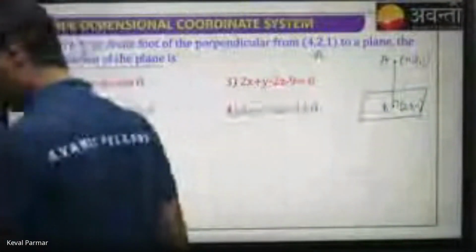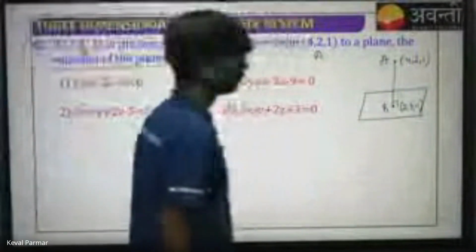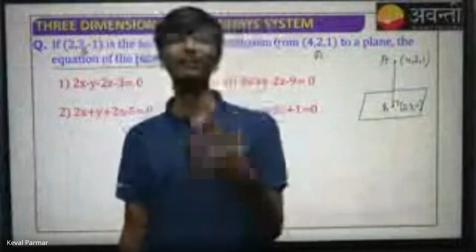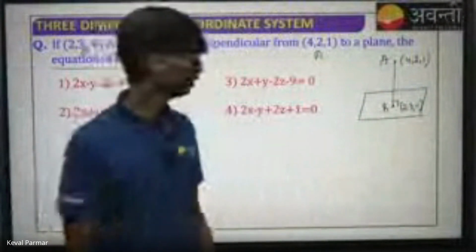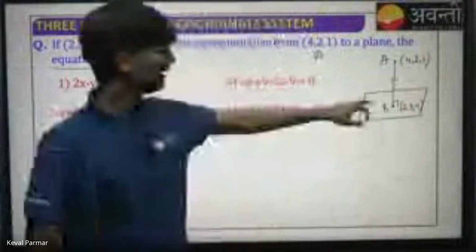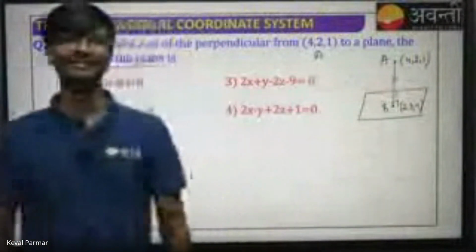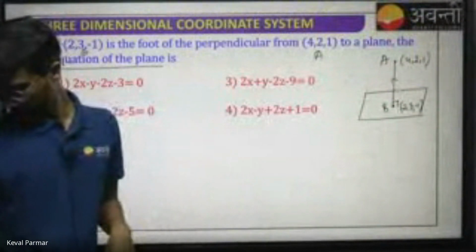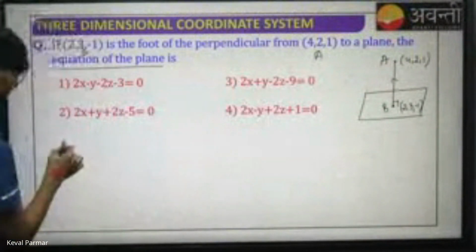So we already have the point on the plane, that is B. Now we require a vector perpendicular to the plane. And if you can see, it is none other than the BA vector. So let us find the BA vector.